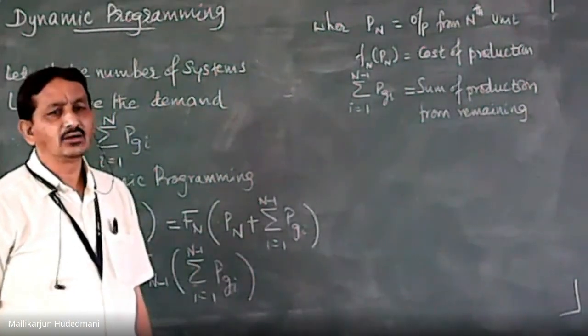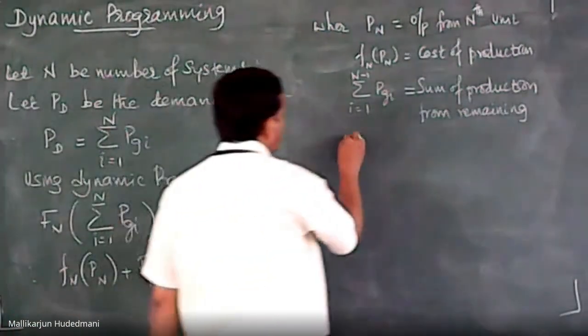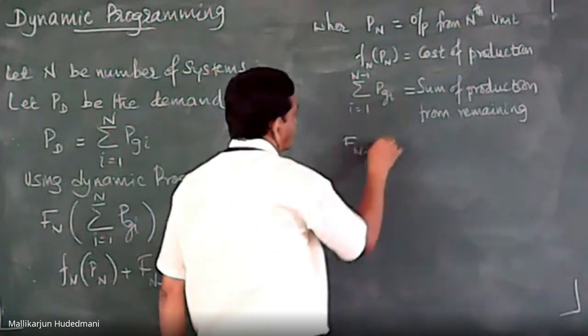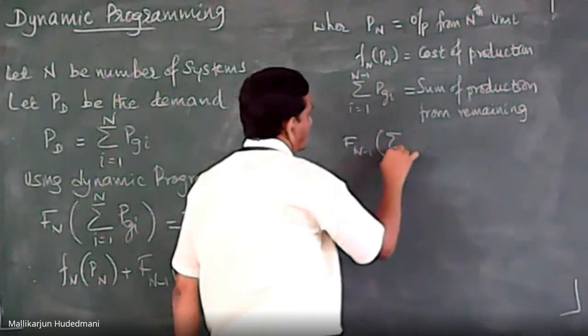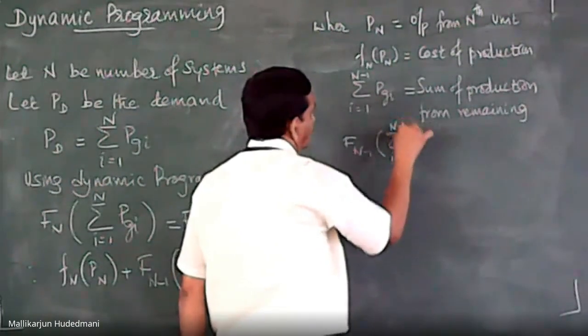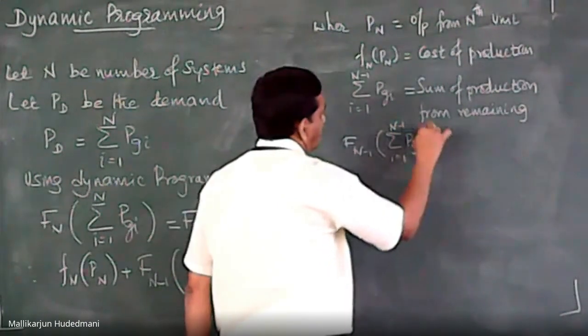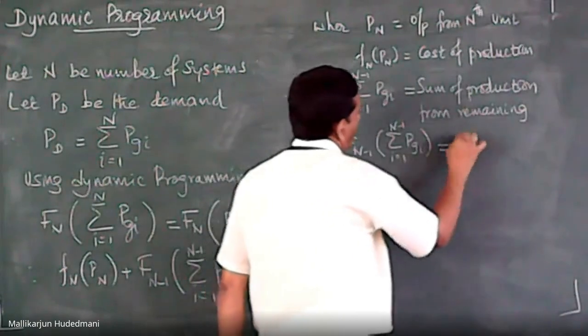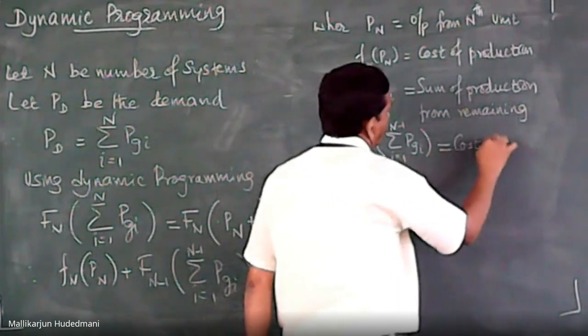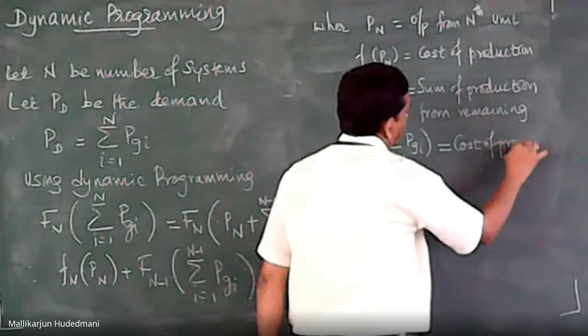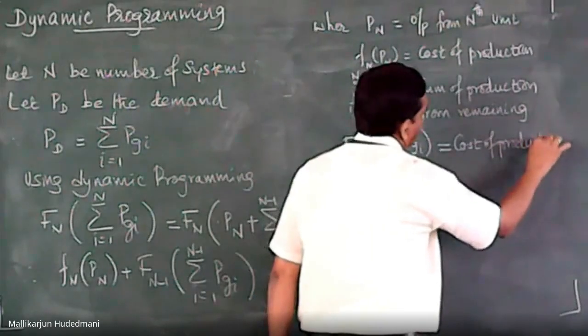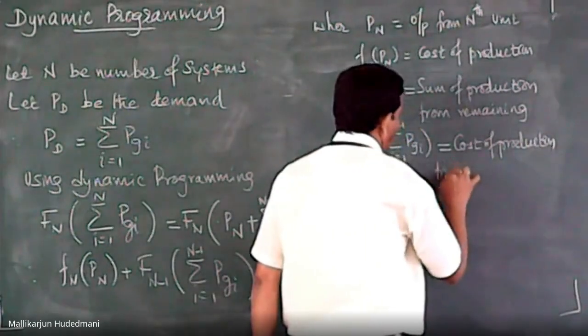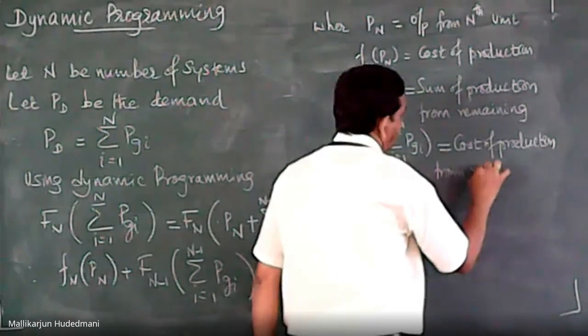Then I can even write the cost also. What was the cost? Fn minus 1, bracket, summation i equal to 1 to n minus 1 Pgi, is the cost of production from the remaining machines.